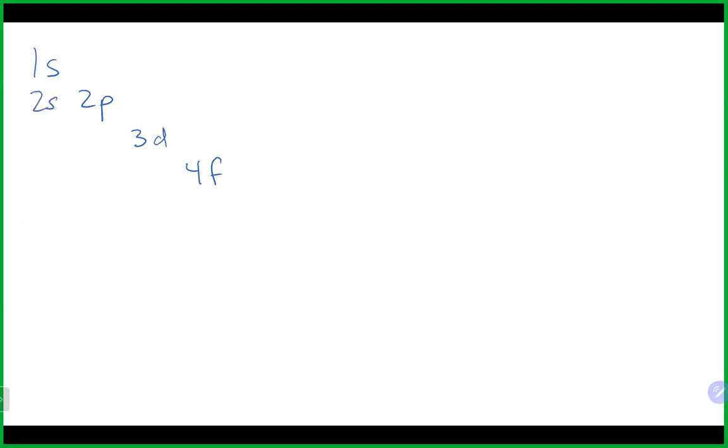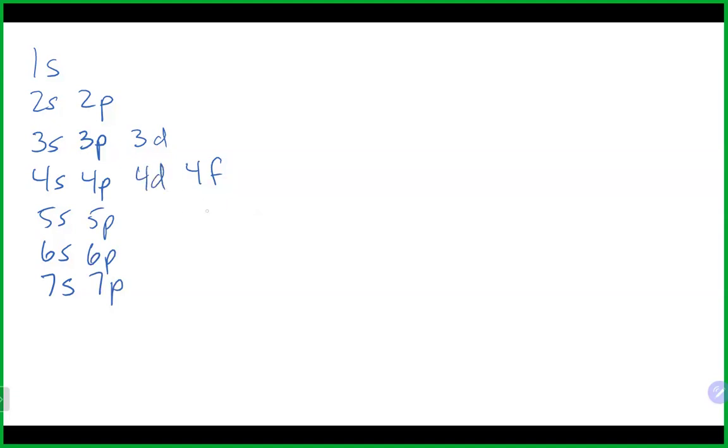So you've got 2s, 3s, 4s, 5s, 6s, 7s, and then 3p, 4p, 5p, 6p, 7p, 3d, 4d, 5d, 6d, and 5f.